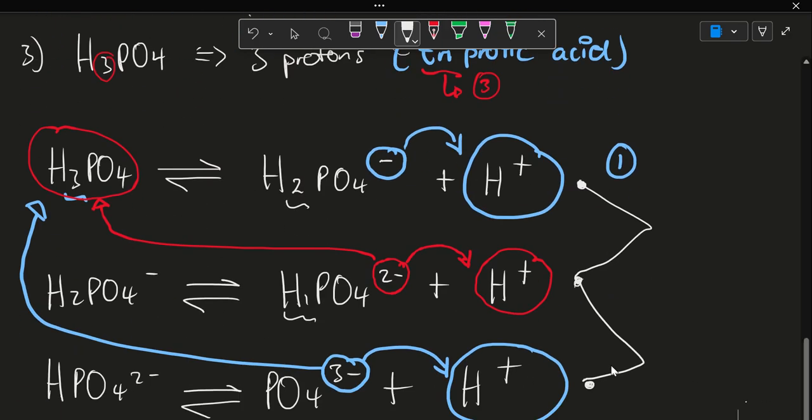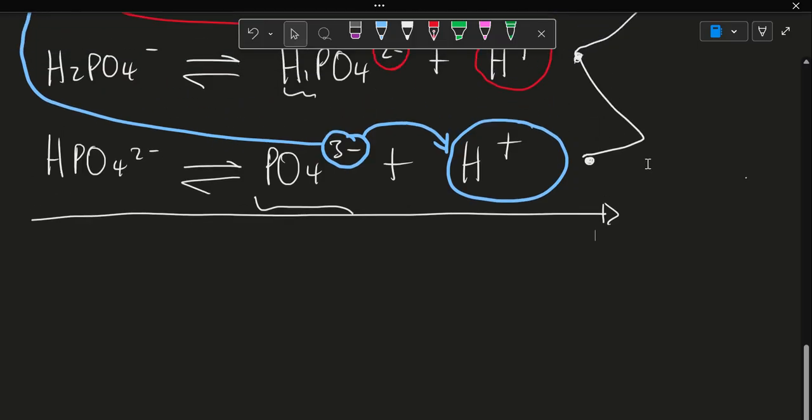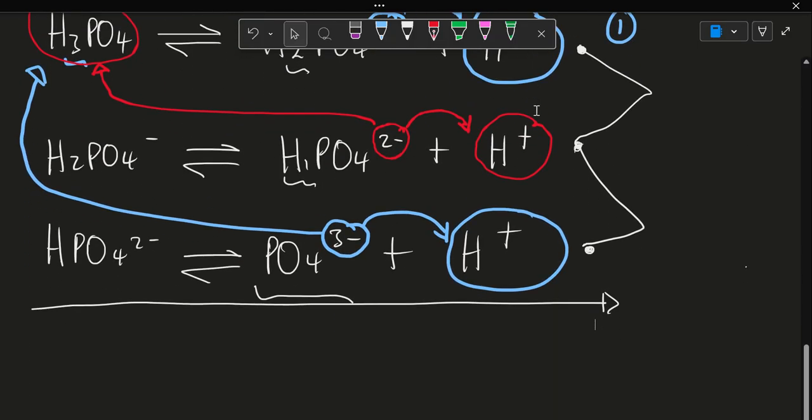Right. Are there any protons I can still lose from PO4 3 minus? No. So from PO4 3 minus, I have no more H pluses to donate. Therefore, this will be the final part. Now, how many protons have I lost?